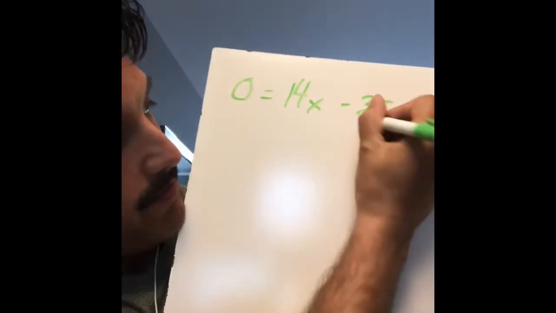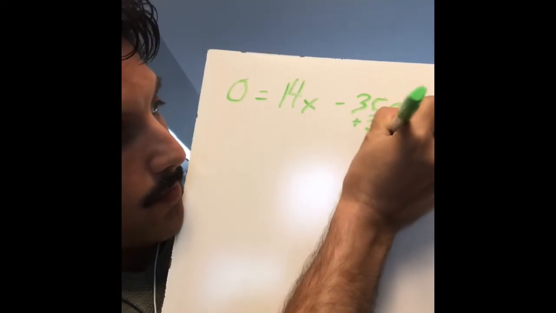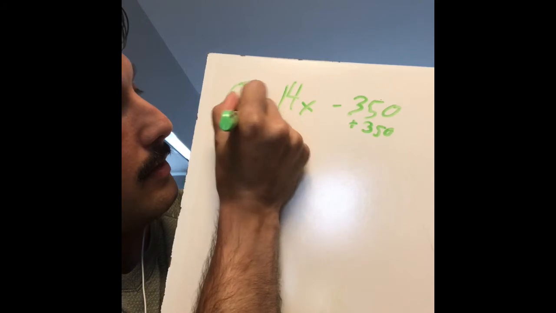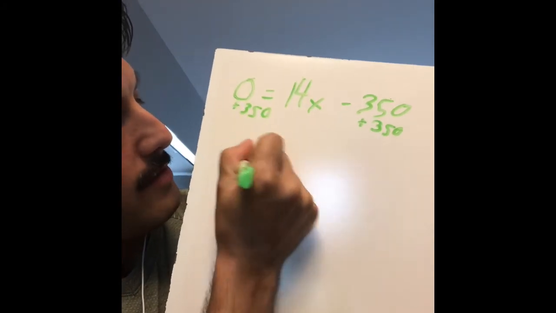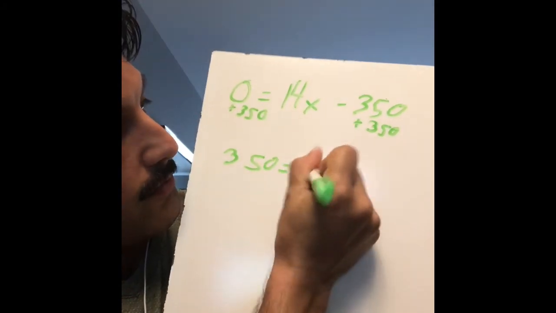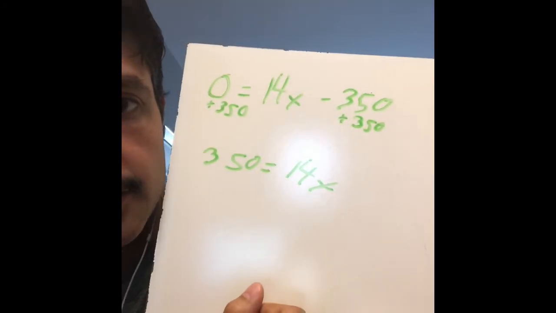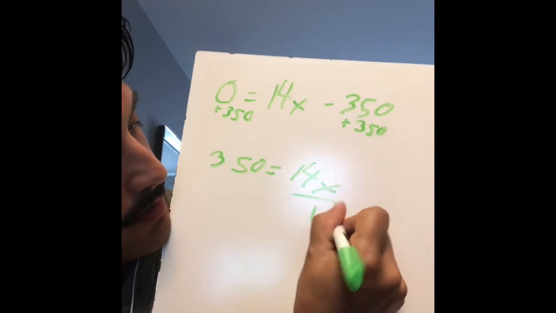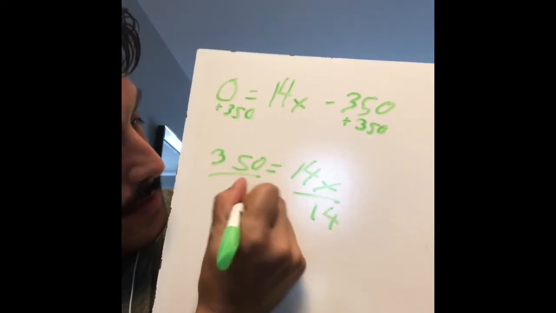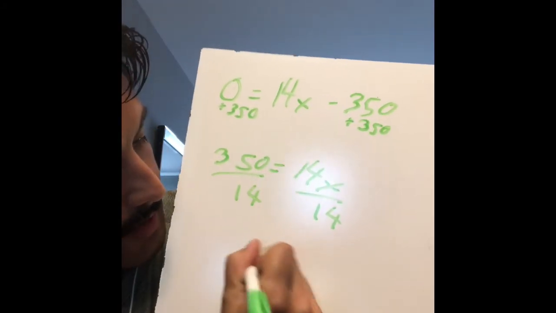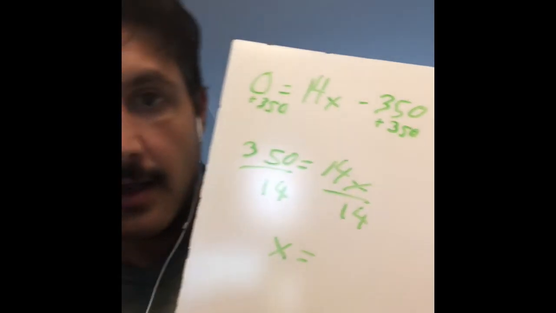So add 350. Add 350. 350 equals 14x. Now what do you need to do to get x by itself? Divide by 14. Divide by 14. X equals, and we need a calculator.